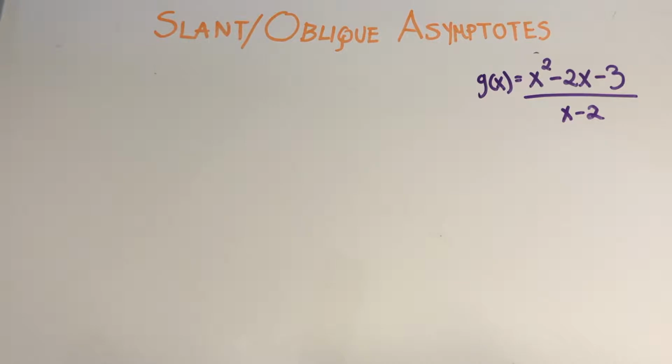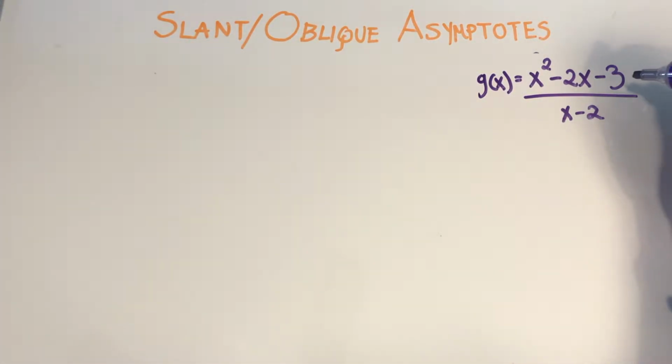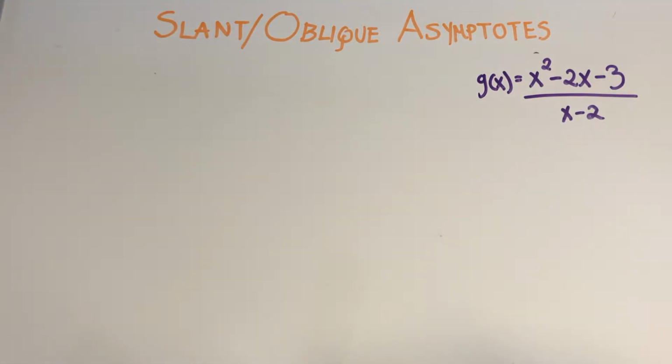Now, since we used synthetic division in the previous example, I'm going to go ahead and use long division this time. And then we said we're going to divide x squared minus 2x minus 3 divided by x minus 2.